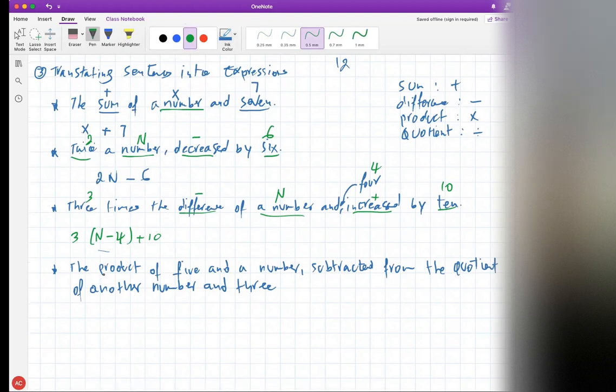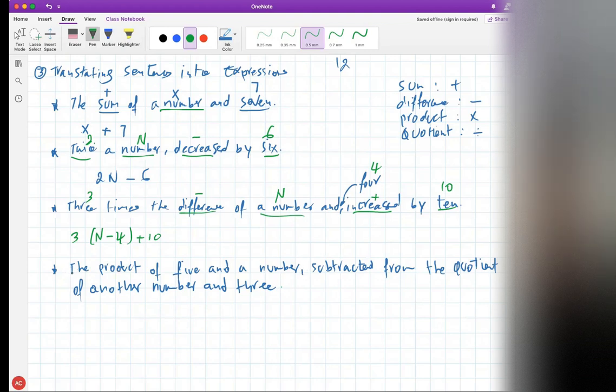Again, try to understand first, try to label, try to translate each keyword before you put everything together. And again, it's not always written in this order. The translation order depends on the context of the whole sentence. So for the product of 5 and a number, you may do it part by part.